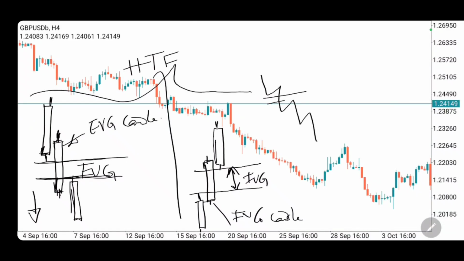Here is your FVG on a sell trade. And for a buy scenario, you have something like this. So this is your FVG, just like a reversal, just like a mitigation in some form.